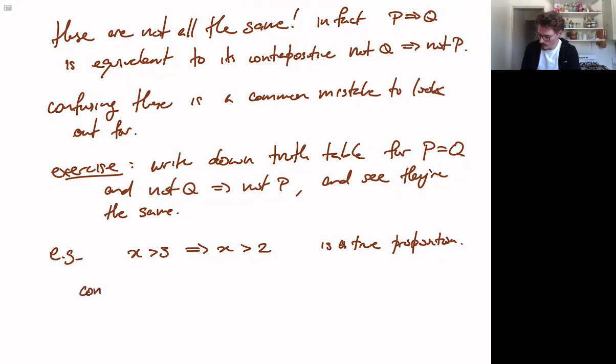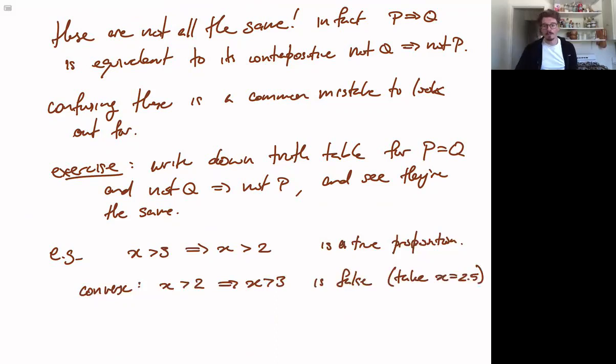Converse, if x is greater than 2, then x is greater than 3. This is not true, you will find, right? Because, for example, you can take x equals 2.5. It is bigger than 2, but it is not bigger than 3. And you can do a similar thing for the inverse.